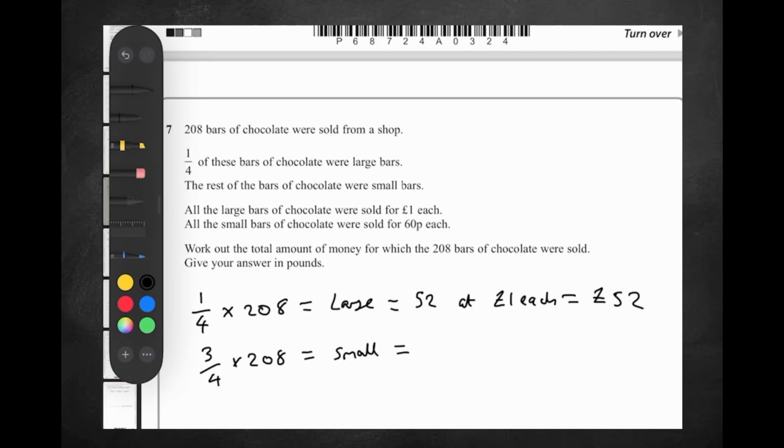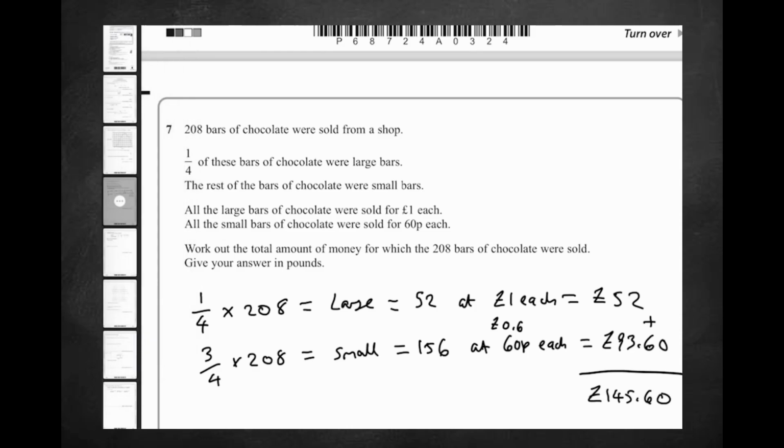And I will do on my calculator 3 times 208 divided by 4, 156. At 60p each, which is £0.6. So on my calculator, I'll do 156 times 0.6, and we get £93.60. Then if we add these two together, again on my calculator, £145.60.